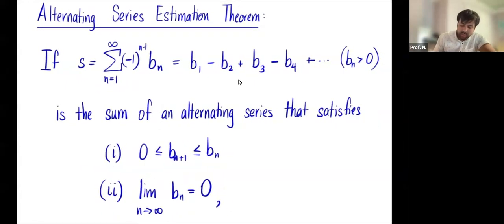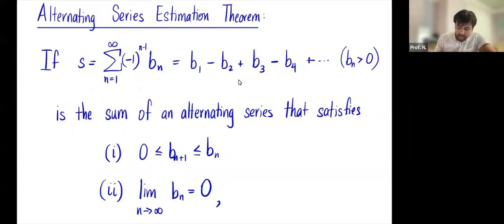So supposing that we have an alternating series whose terms are non-increasing, meaning that it usually either stays the same or decreases. That's what this means by saying that B sub n plus 1, the next term, is either equal to or less than the previous term.